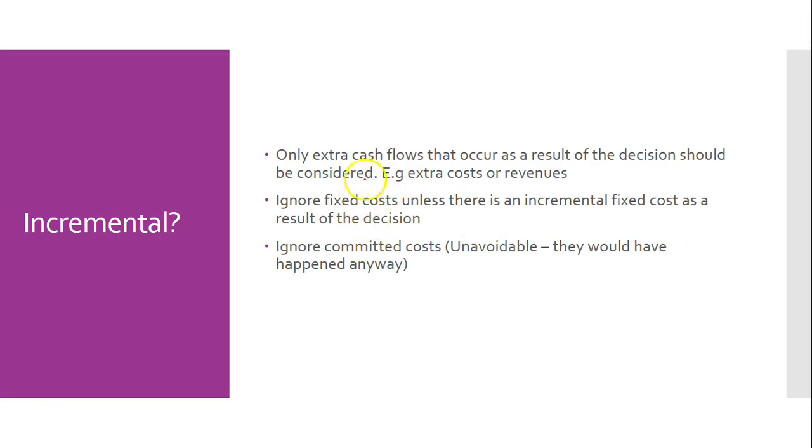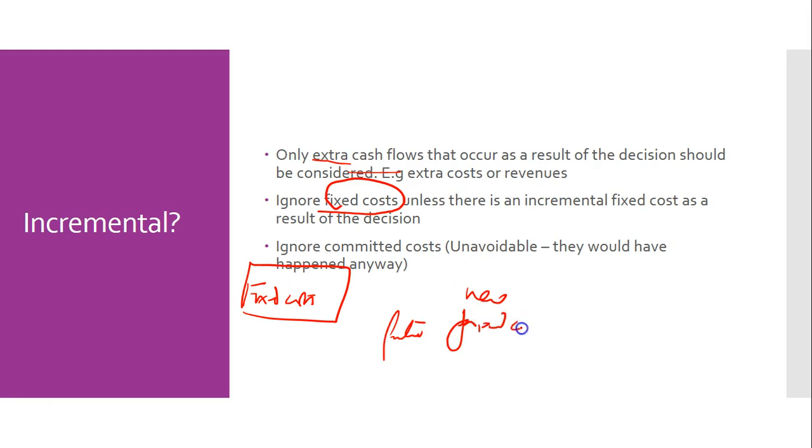Again, I talked about the fact that we're only interested in extra cash flows. Again, I talked about ignoring fixed costs. Now, fixed costs at the beginning have usually already happened, but in making a future decision you might incur some new fixed costs, and of course you have to consider those.